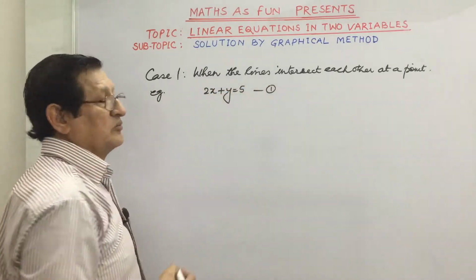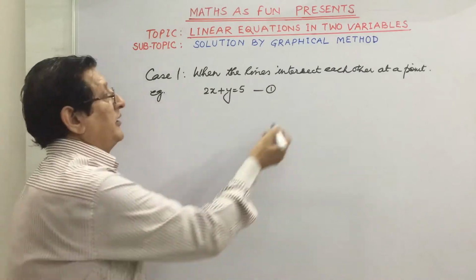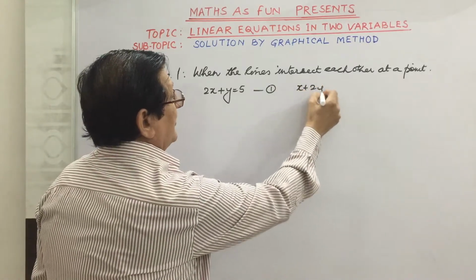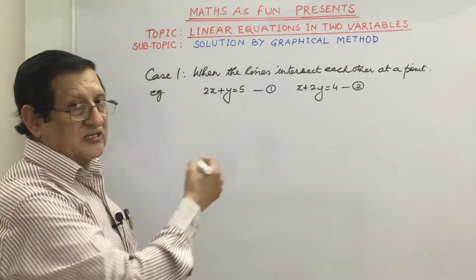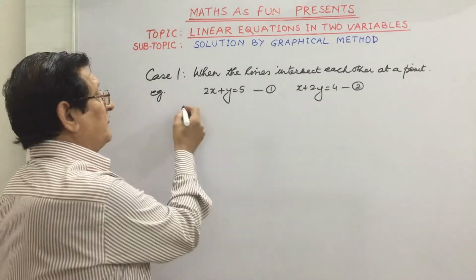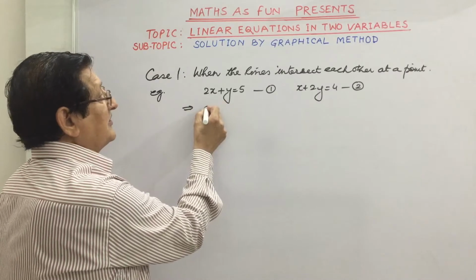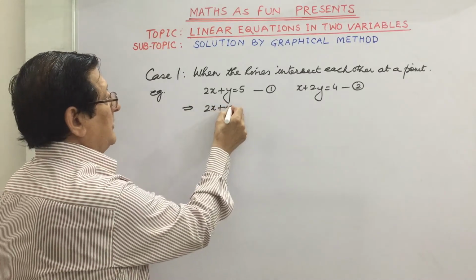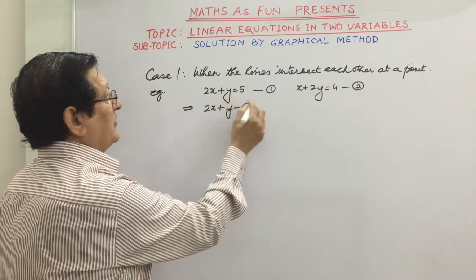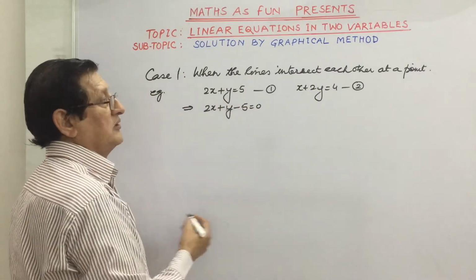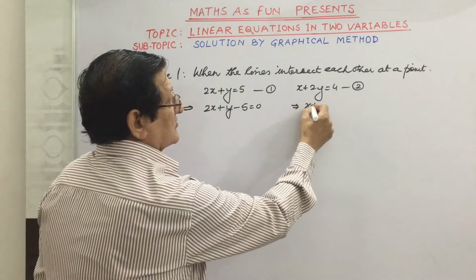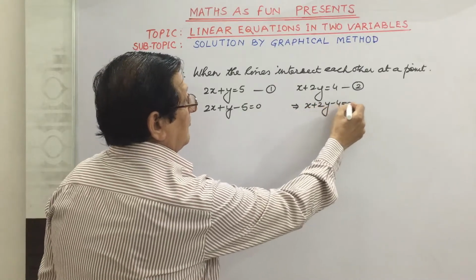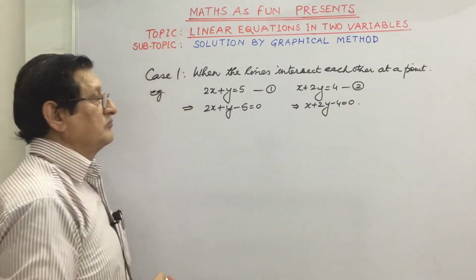This is equation number 1. And x plus 2y equal to 4. This is equation number 2. In standard form, we can write this as 2x plus y minus 5 equal to 0, and this as x plus 2y minus 4 equal to 0.